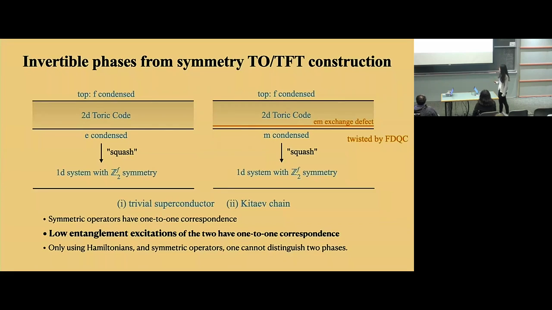So in this way, through this construction, for whatever symmetric operators here, I can find the unitary and then use that to find the corresponding symmetric operators on the right-hand side. So I establish a one-to-one correspondence between the symmetric operators. And then those low entanglement excitations are a subset of those symmetric operators, so they also have a one-to-one correspondence. So in the end, the message is that if we only allow you to use bulk Hamiltonian symmetric operators, you can never tell which one is which.